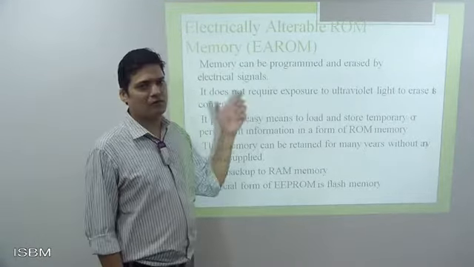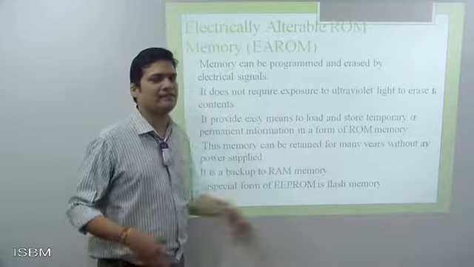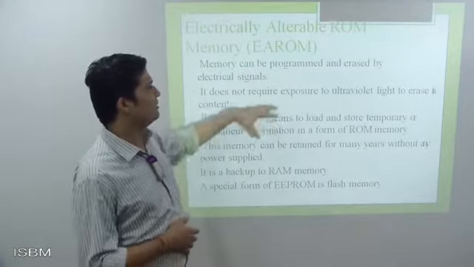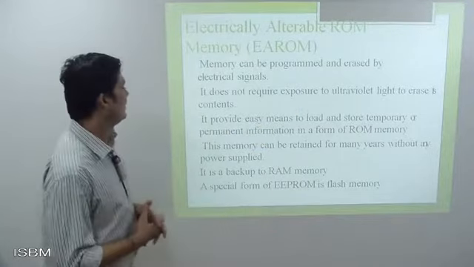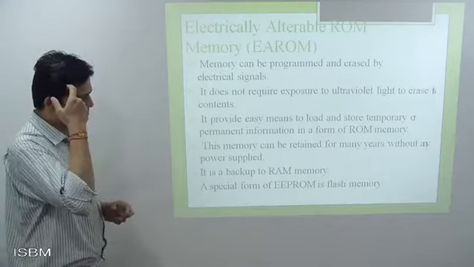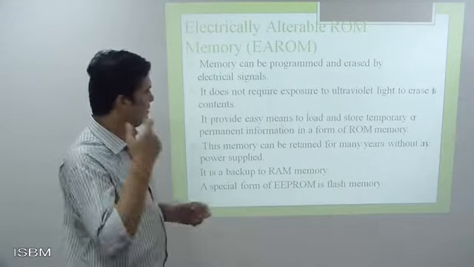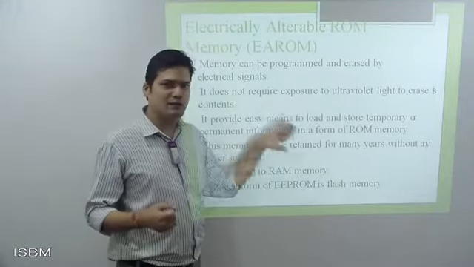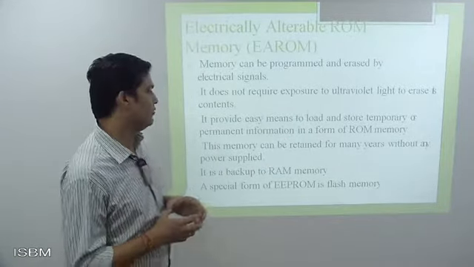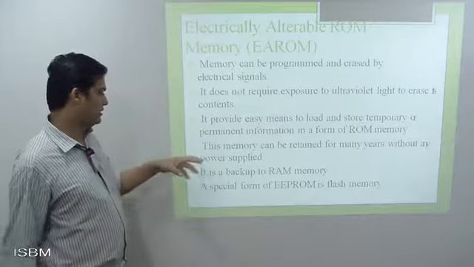So there is no requirement for ultraviolet light, unlike the earlier type. It provides an easy means to load and store temporary or permanent information in the ROM memory. It is easily loaded into the ROM, with no need for much effort.